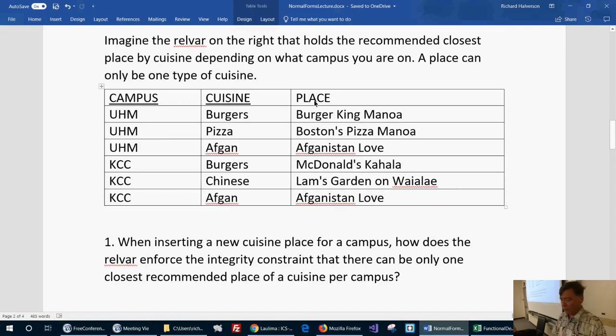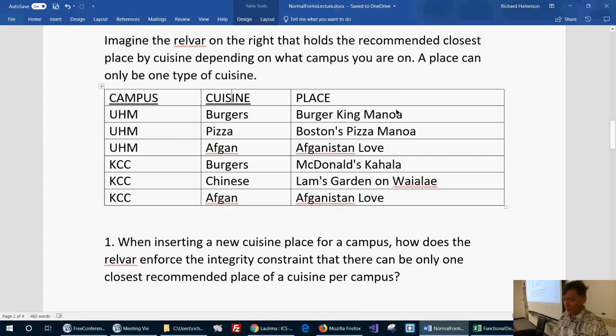Of course, what can take place is you can accidentally put in Kentucky Fried Chicken as a burger place, or you accidentally put in Burger King Manoa as a chicken place, or as a Chinese place or something. The structure of this table will not protect against that.